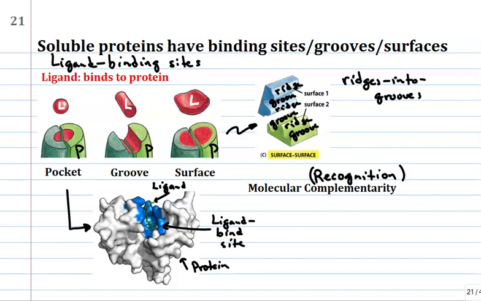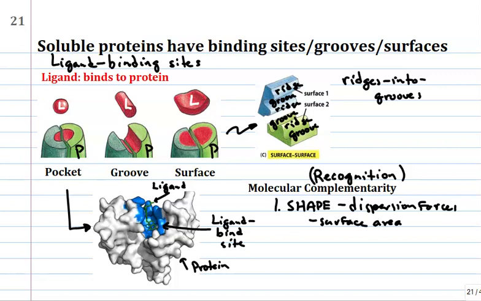That's called shape complementarity. And not always, but this is usually dispersion force driven. The strength of the interaction will depend upon surface area, you've heard me talk about this.